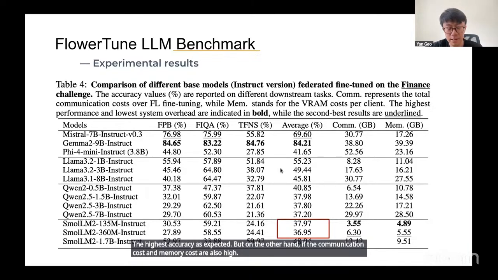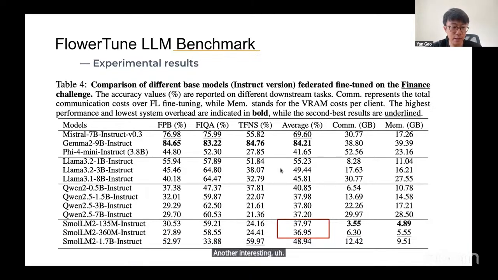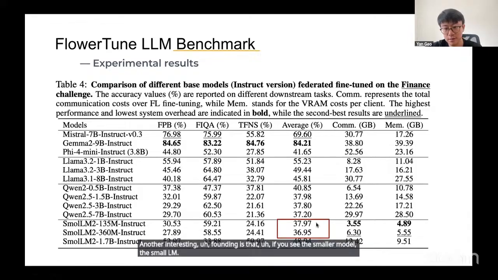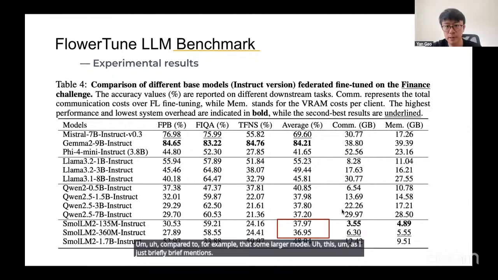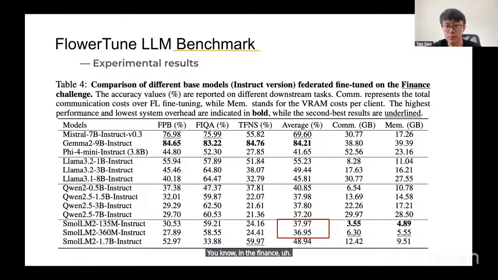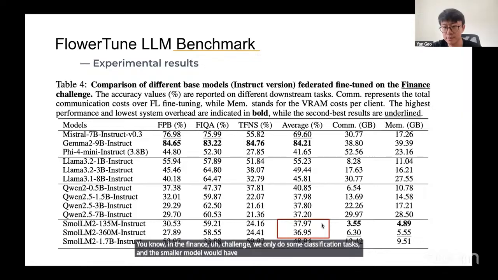Another interesting finding is that the small LM actually gets acceptable performance compared to, for example, some larger models. As I briefly mentioned, it's probably because in the finance challenge we only do a classification task, and the smaller model has the ability for that.